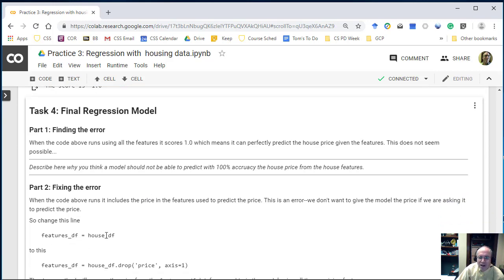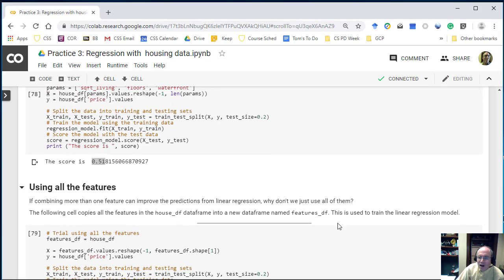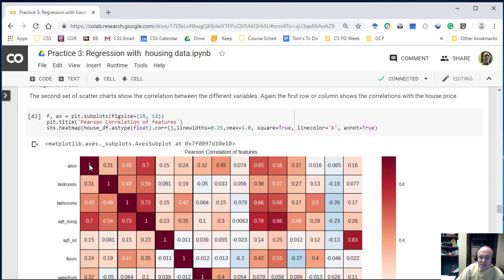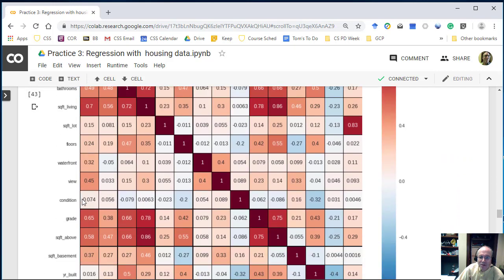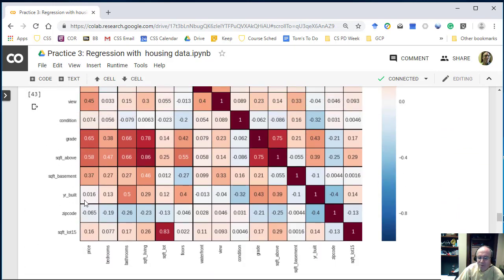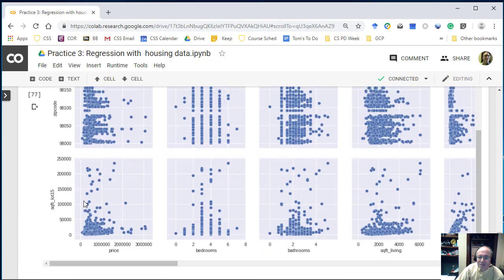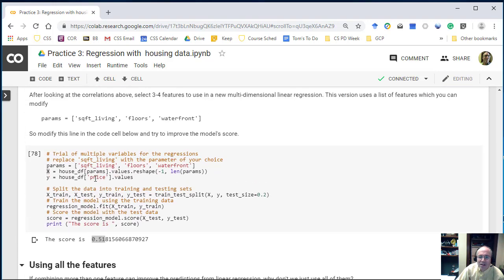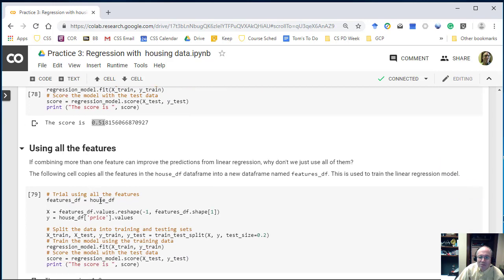So our error is that in our model, we are including the price of the house. And if you know the price of the house, you can perfectly predict the price of the house. That makes sense here. So we accidentally are using the price of it.